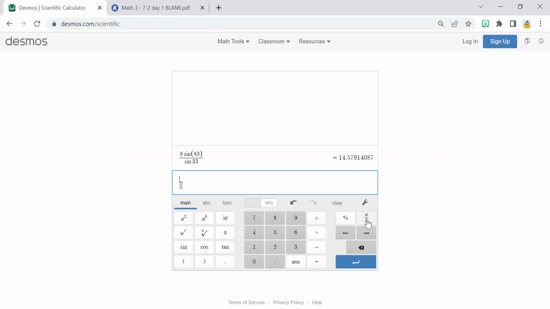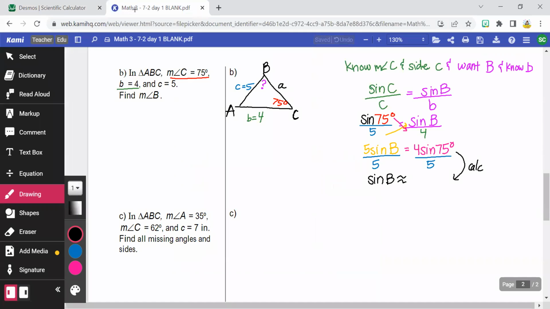So 4 times sine of 75 divided by 5 gives me this decimal. Because it's a decimal, I'm going to do 4 spaces. So that ends in a 4, so it's going to stay. So 0.7727. 0.7727 is the approximation of sine of B.